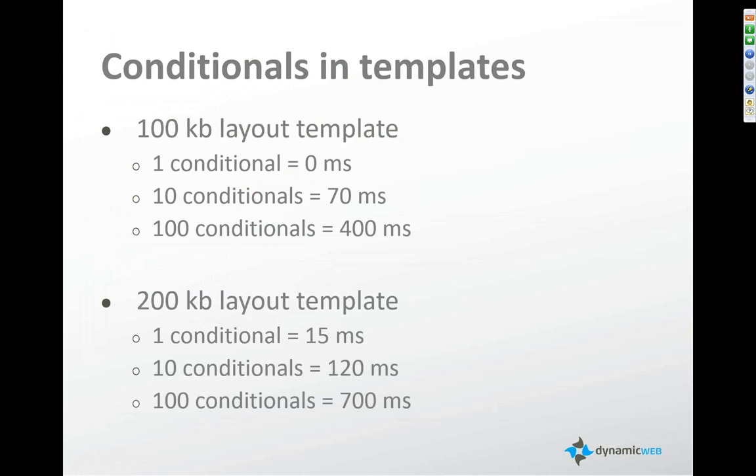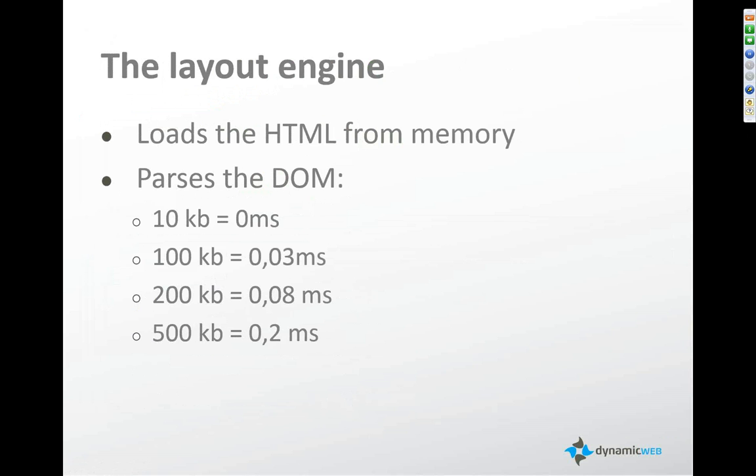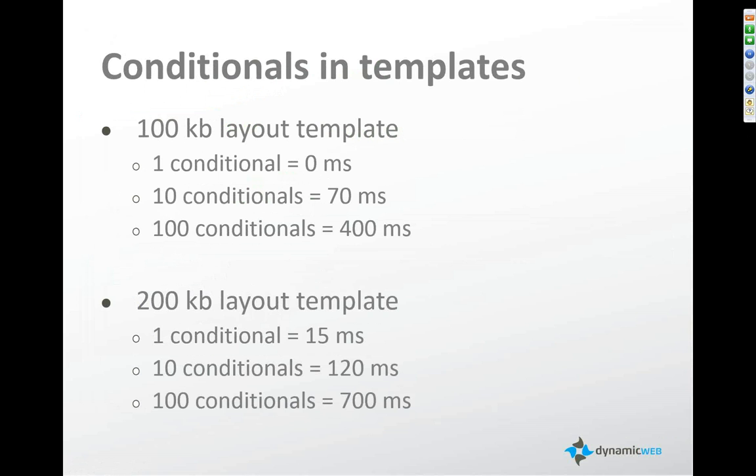As you can see, a few conditionals don't make a big impact. 10 conditionals is 70 milliseconds, it's 0.07 seconds, so we can't see any of that. But if we start adding 100 conditionals into a 100 kilobyte layout template, and go back, you can see 100 kilobytes is relatively fast loaded, but it makes an impact on the performance if we have a lot of conditionals inside our layout template or in any other templates.